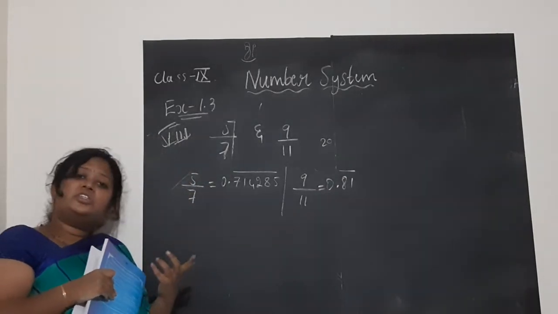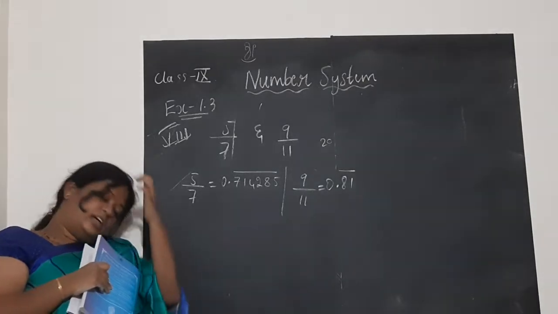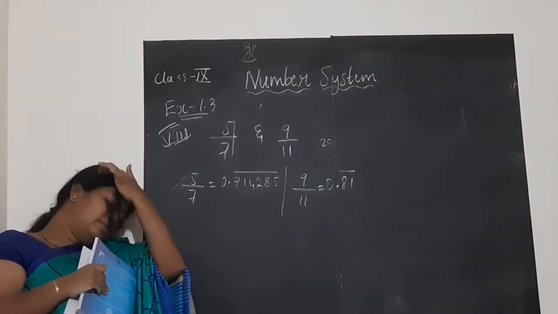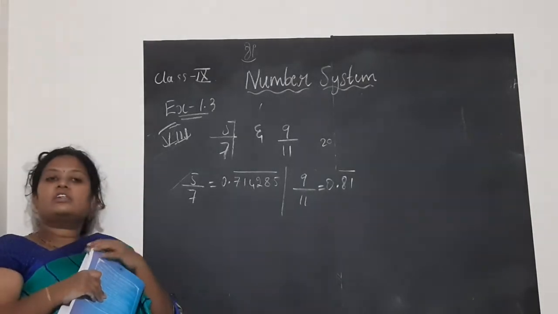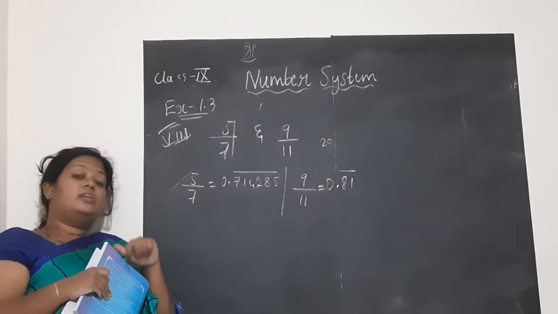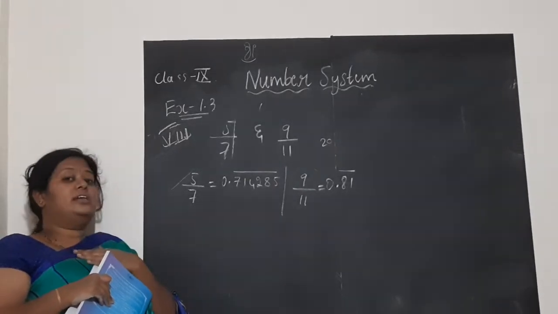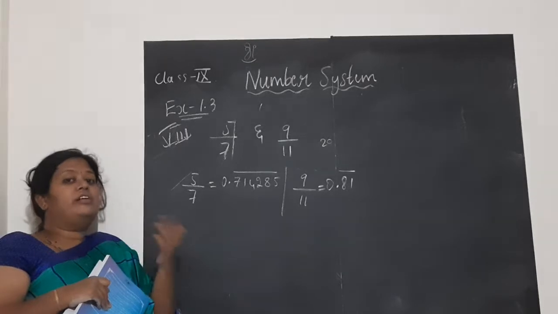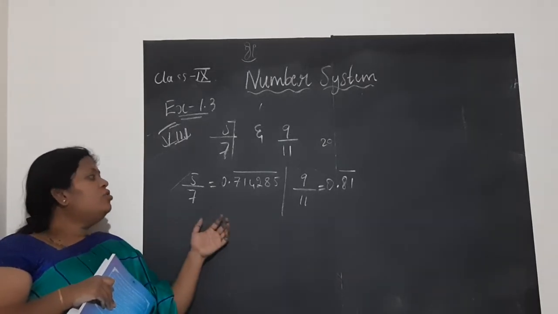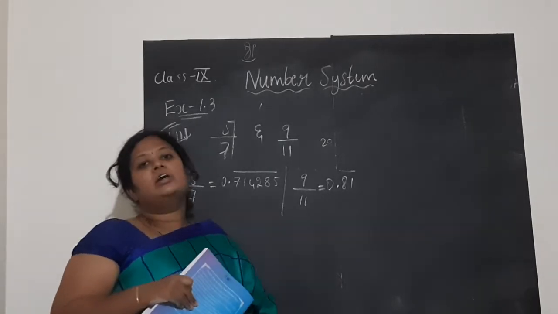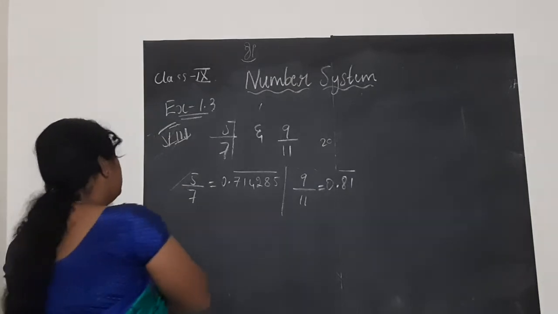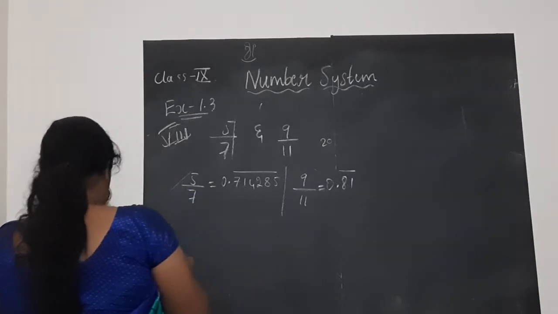Is there a condition that you should take a terminating or non-terminating decimal expansion, recurring or non-recurring expansion? You will get this answer by studying that sentence: irrational numbers are non-recurring, non-terminating. So you can easily write any number in between these two to get the 3 irrational numbers.